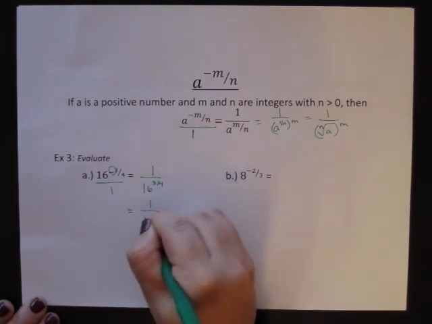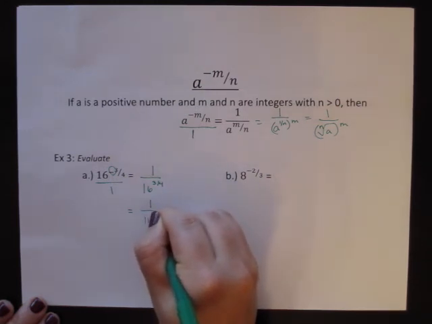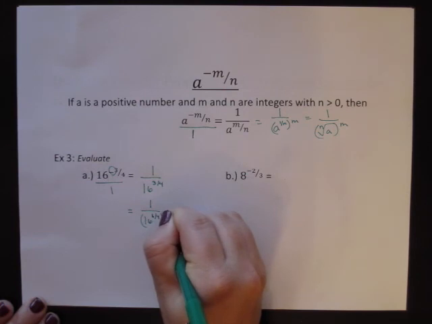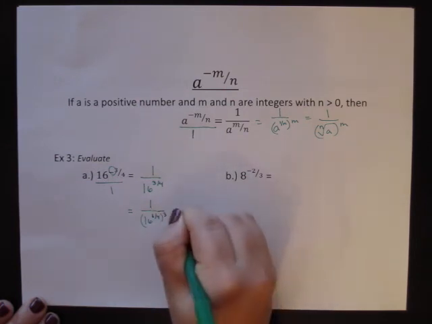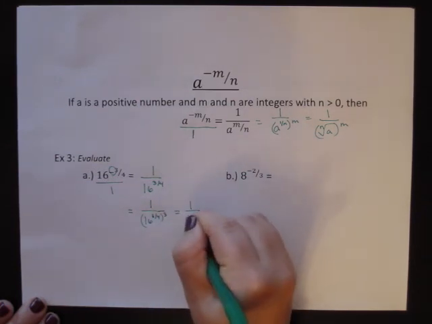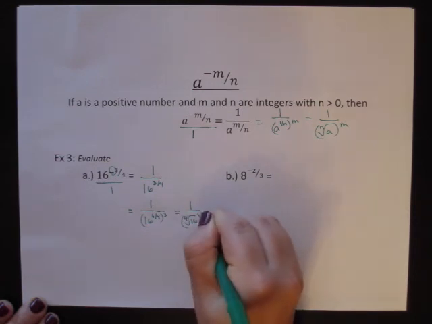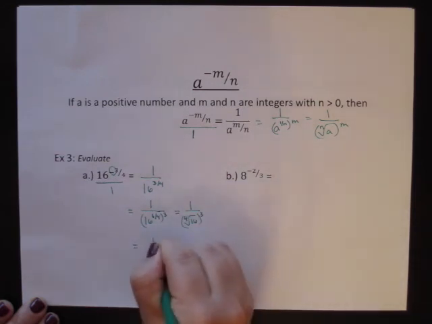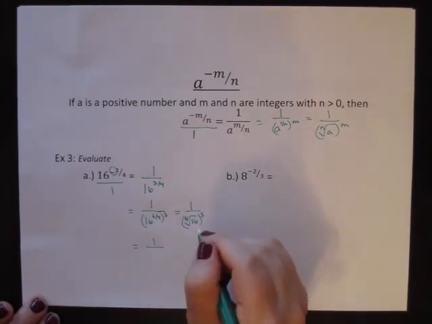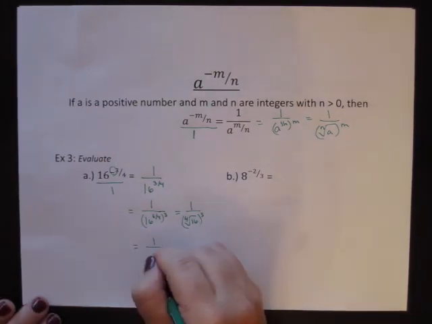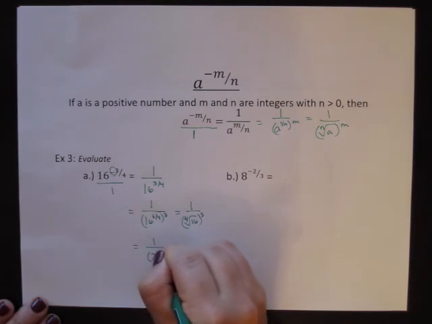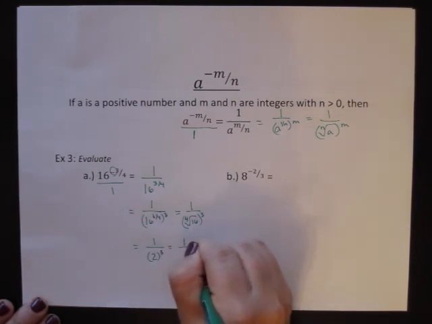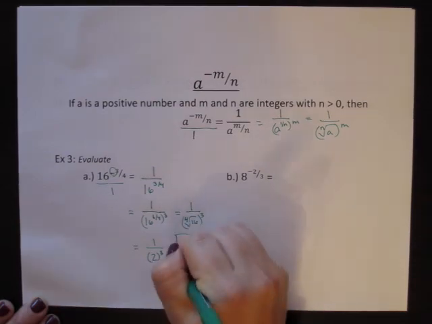So I've got 1 over 16 to the 1 over 4 raised to the third power. Then I turn it into radical form. So this would be 1 over the fourth root of 16 raised to the third, which would be 1 over 2 raised to the third. So that would be 1 over 2 times 2 times 2, which is 8. And that will be my final answer.